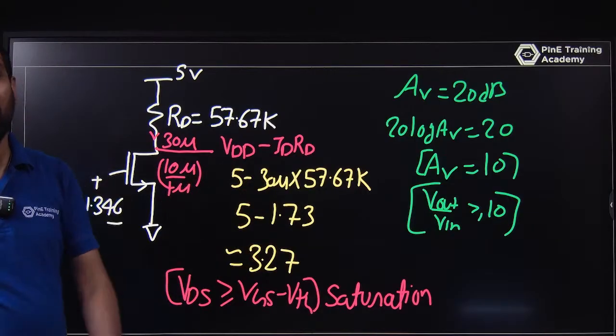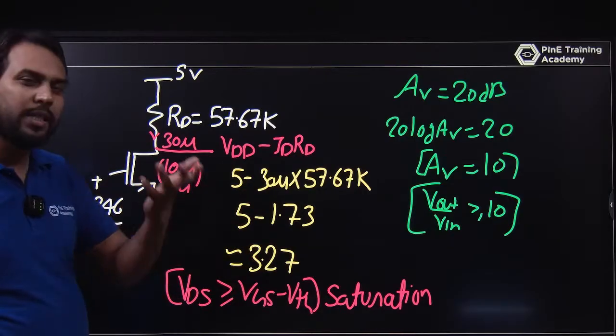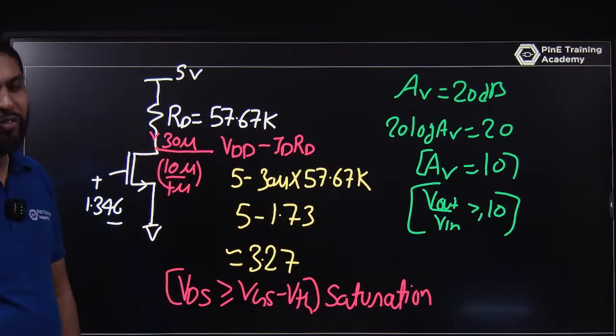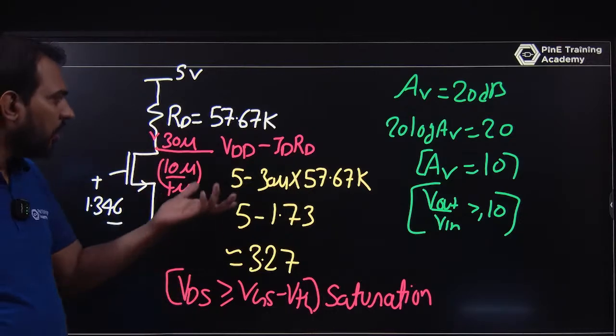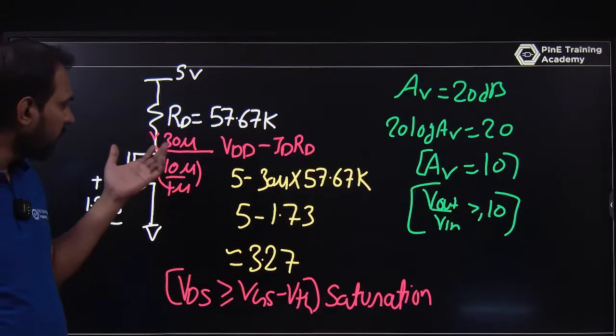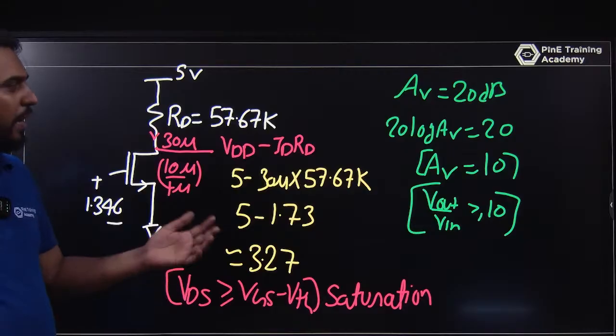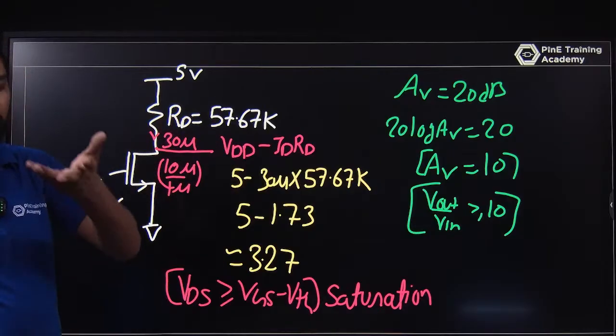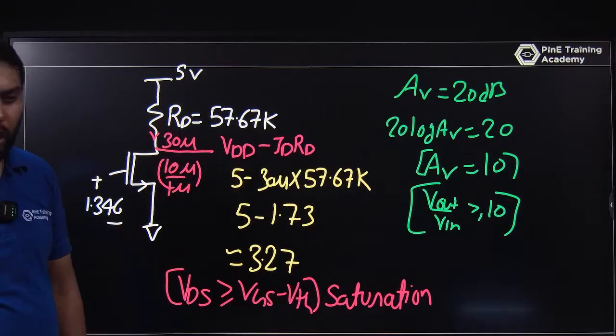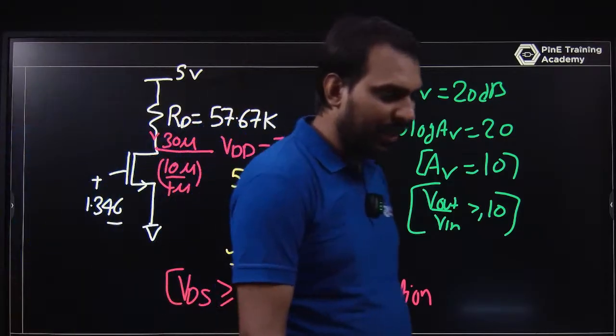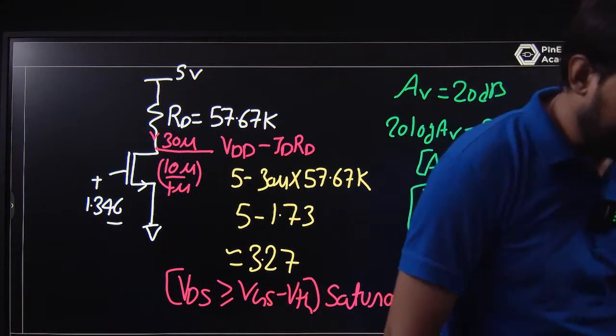I am assuming that mobility times COX, Kn, is equal to 50 micro, threshold is 1 volt, W is 10 micro and length is 1 micro. On the basis of that I am trying to find out what happens here. So let's design this logic in LTspice.